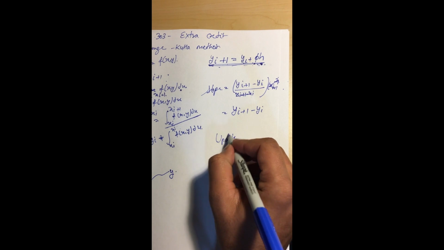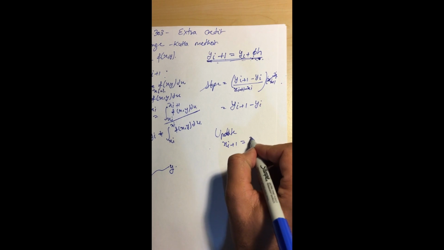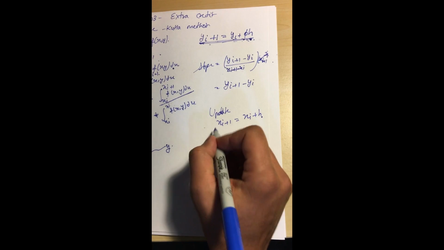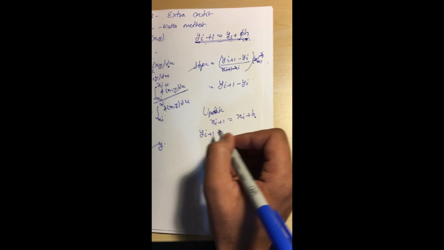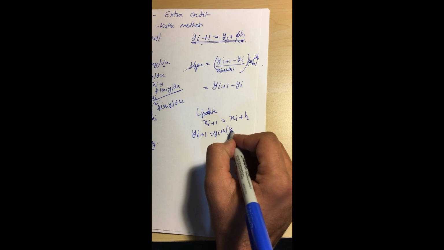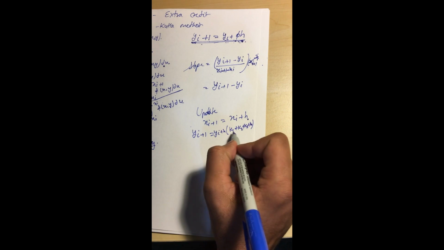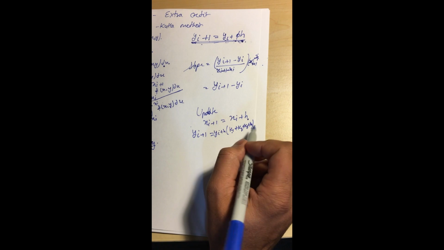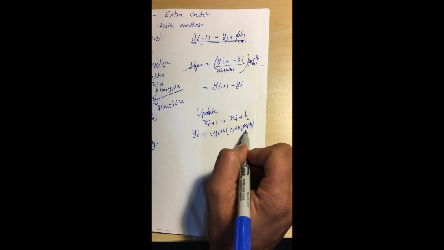So x_{i+1} is equal to x_i plus h, which is our step size, and for our y direction, y_{i+1} is equal to y_i plus step size times k1 plus k2 plus k3 plus k4. Our k1, k2, k3 might be weighted differently, like 1 k1, 2 k2, 2 k3 plus k4, so the values can be different.